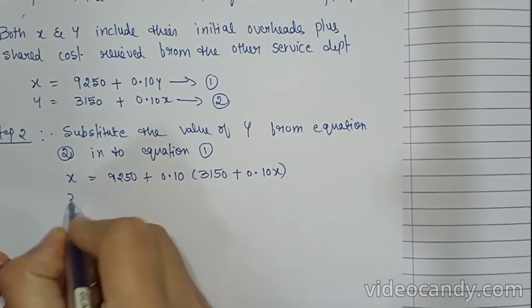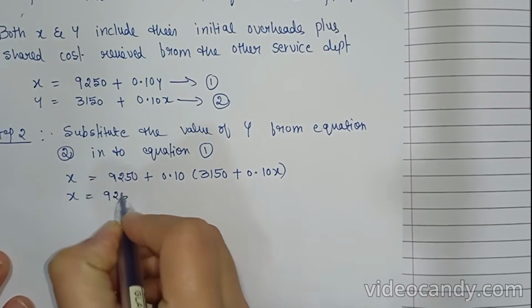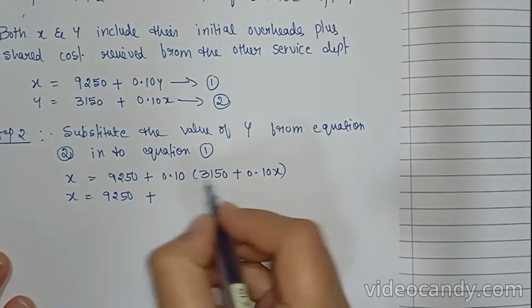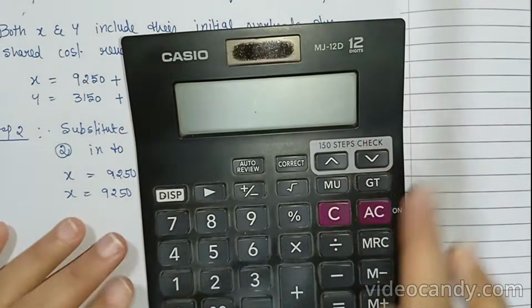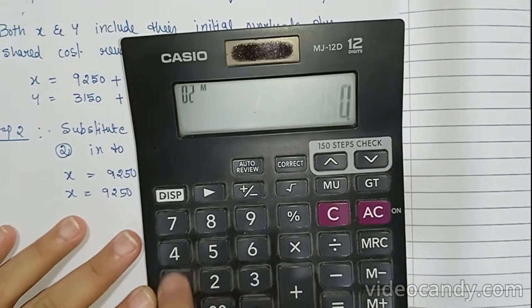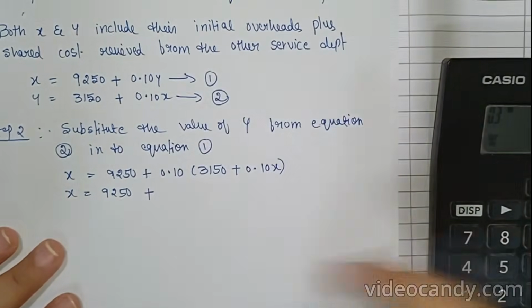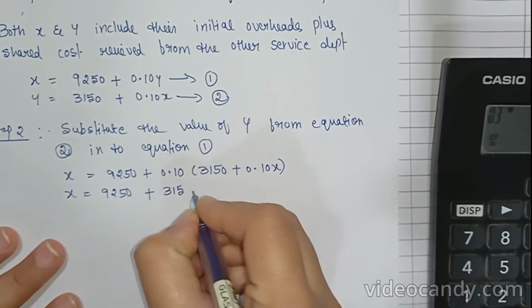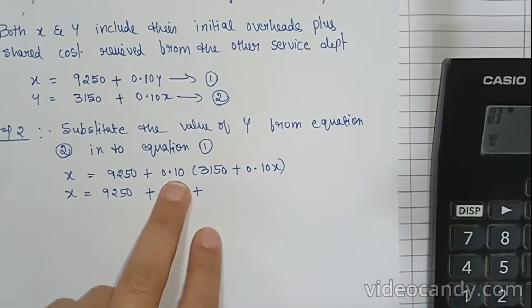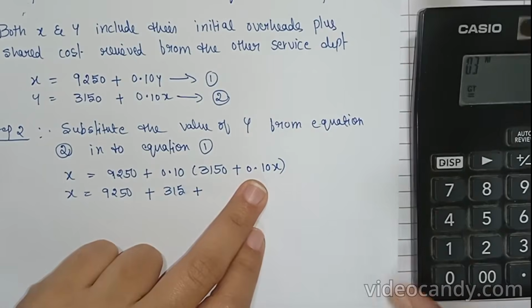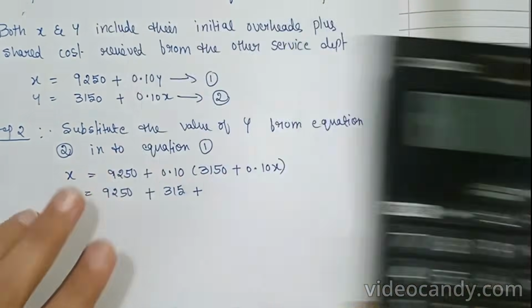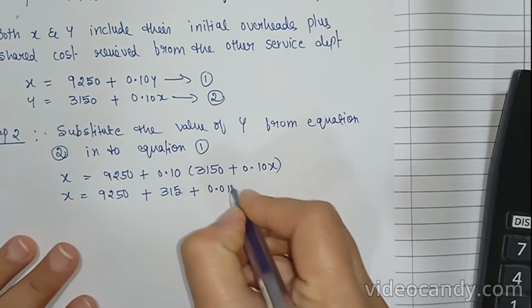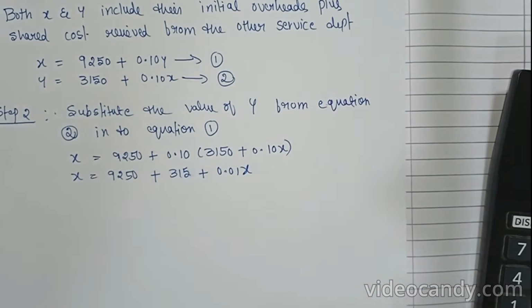See here, x equals 9250 plus multiply 3150 into 0.10, that equals 315, plus 0.10 into 0.10x. So 0.10 into 0.10 is 0.01x. Clear?